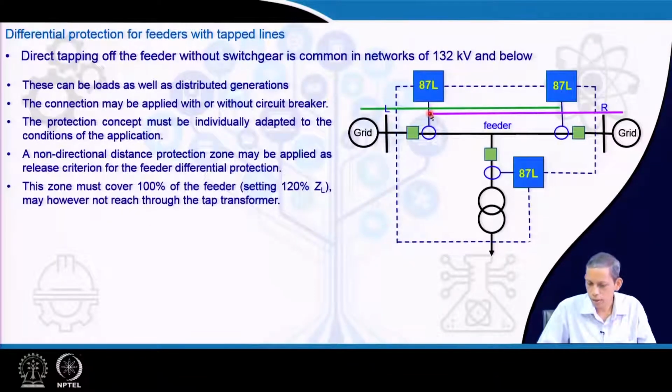Like you see here, from the L end, this pink color covers 120%, and from the R end the green color covers 120%. Such a provision is there to initiate, to trigger the 87L. Yes, there is a fault in the line also.